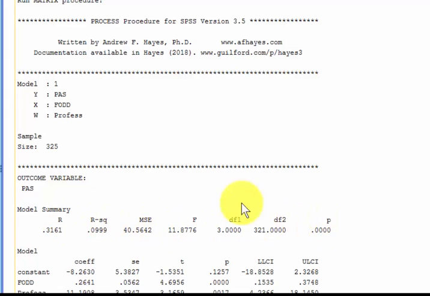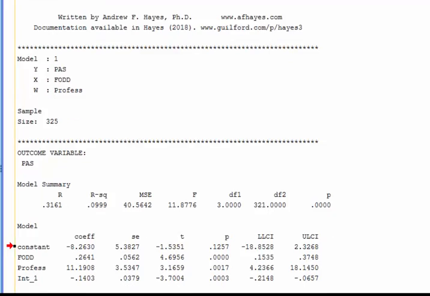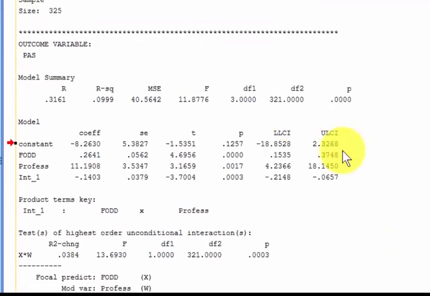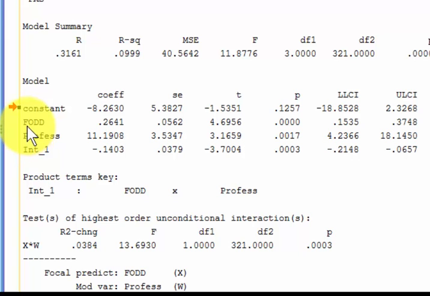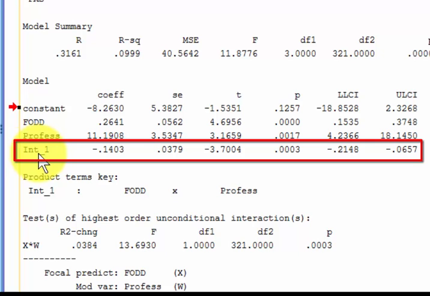We knew that already. Now here comes the good stuff. Here's FOD by itself. We knew that. By profession, it says there's something significant going on there. But here's the main one: the interaction, int_1, between the profession variable and the FOD variable.